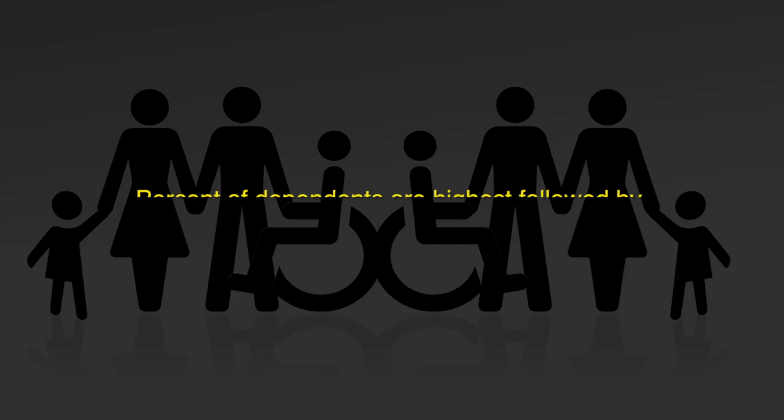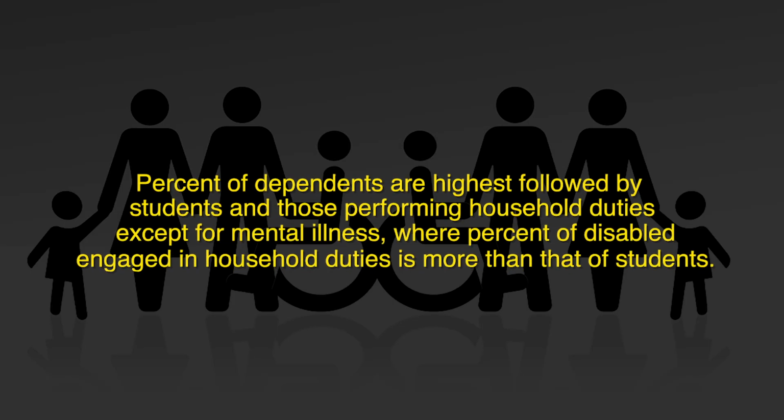Among the male disabled non-workers, 33% are students, while the same among the corresponding category of females is 22%. Among the disabled non-workers, for all types of disability, the percentage of dependents is highest, followed by students and those performing household duties, except for mental illness, where the percentage of disabled engaged in household duties is more than that of students.